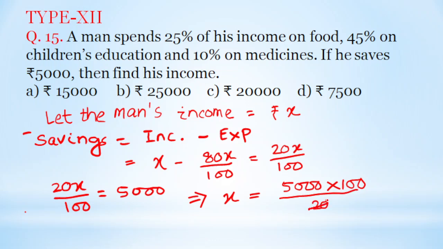So 25s are 100, so that is equal to 25,000. That means 25,000 rupees. That means option B is the right answer. Now the short trick.